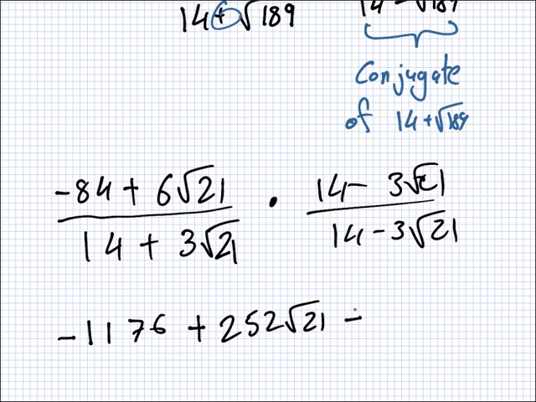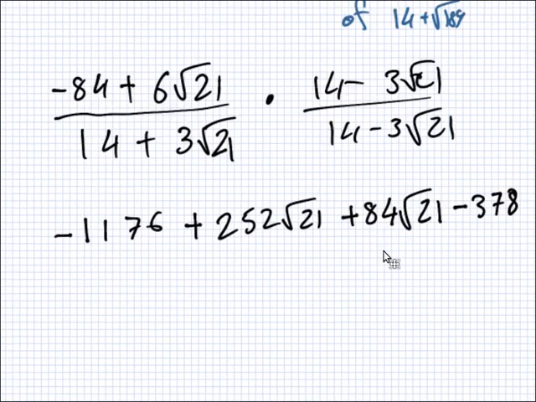And lastly, 6 root 21 times minus 3 root 21. It's going to be pretty big. Which is 378 for the last one.